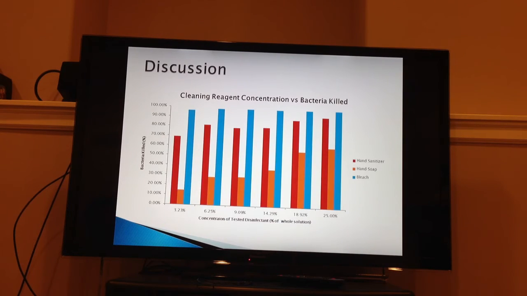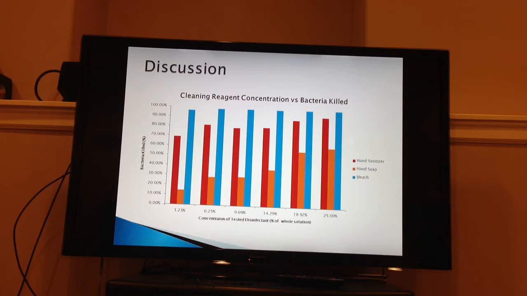So what that looks like visually in a graph, as you can see, bleach was consistently the best disinfectant, killing over 99% in every trial, starting from comparing to the other 2 reagents. Hand sanitizer became more and more effective as the concentration increased, almost to the point of bleach.